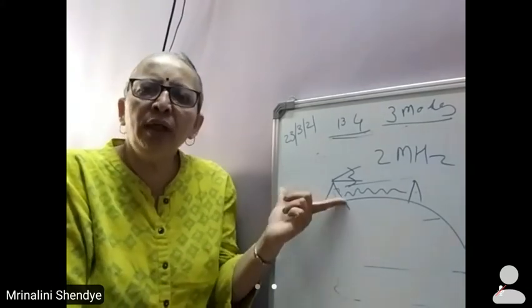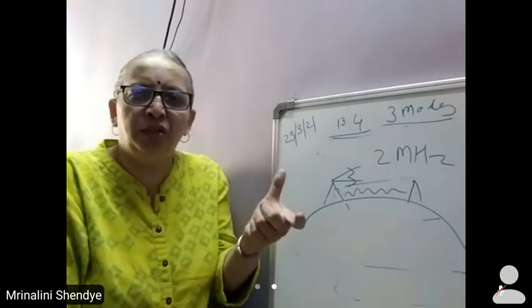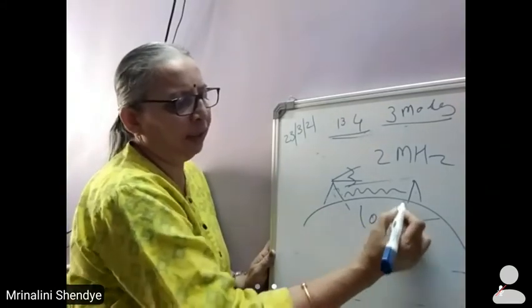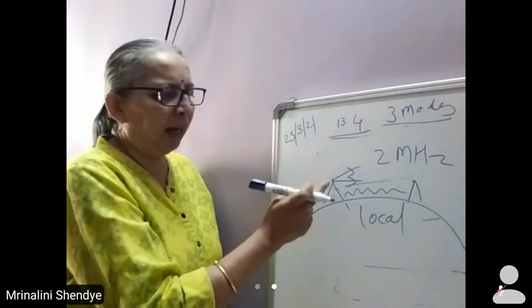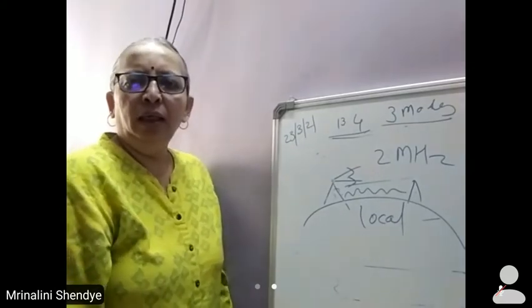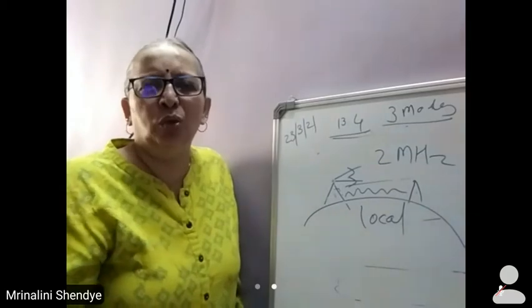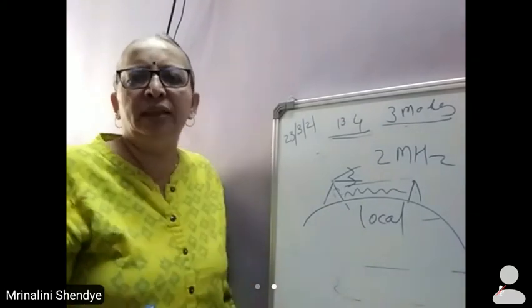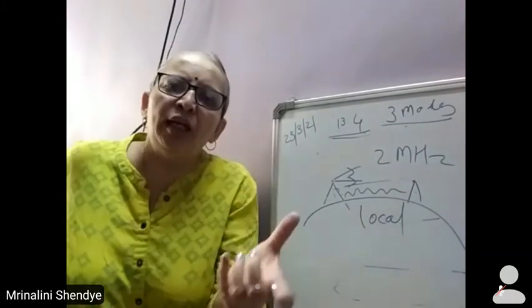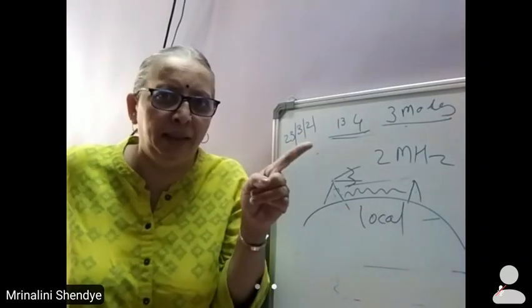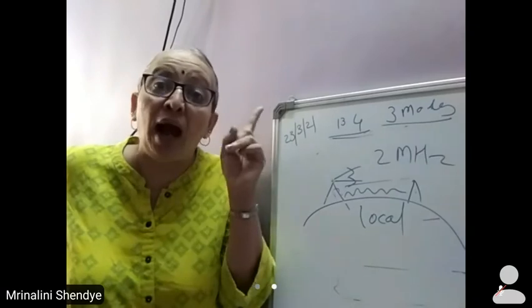So they don't have the large range. They are only useful for local broadcasting. The distance covered by this signal is not much, nearly 50 kilometers and so on. So local broadcasting जो है पुणे आकाशवाणी, मुंबई आकाशवाणी, I am not talking about विविध भारती, I am talking about आकाशवाणी.